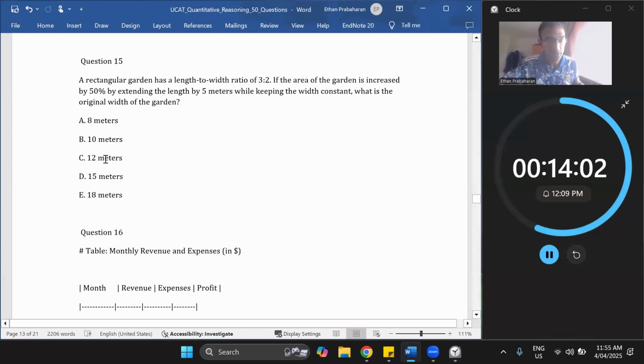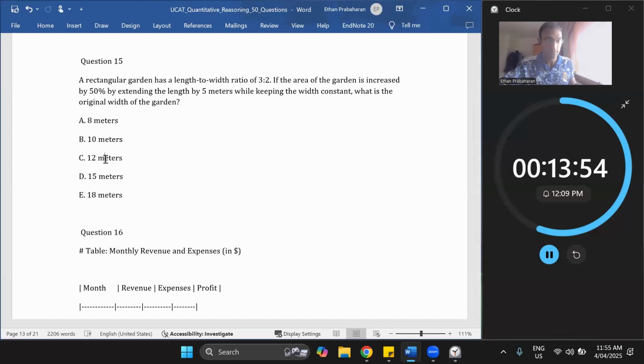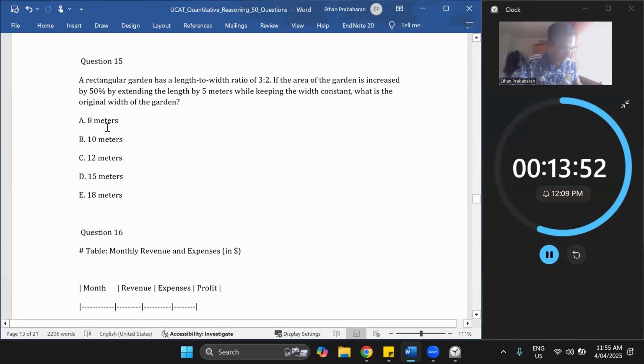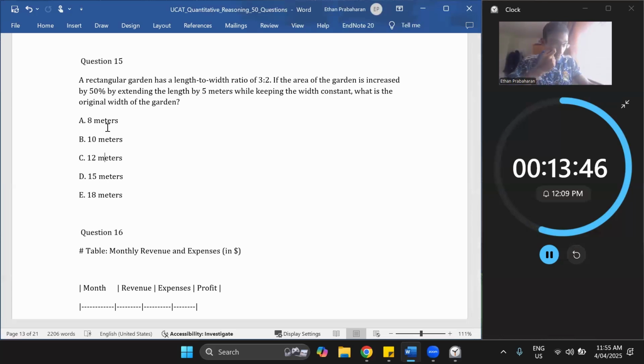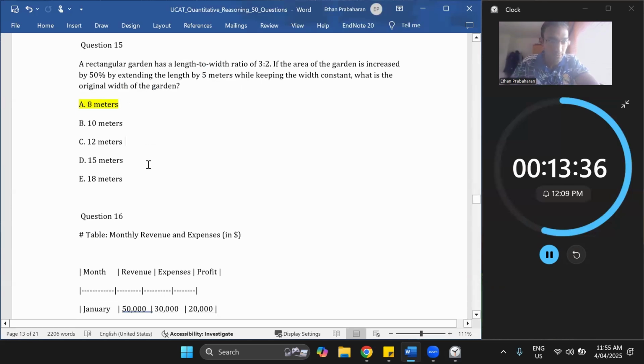All right, so if the width was 12, length to width is 3 to 2, so then that would be 18 as the length. If you increase that by 5, that's definitely wrong. If the width was 8, then the length was 12. And if you increase that by 5, that's still not going to increase the whole area by 50%, is it? Again, I think error with the question, A is going to be the closest one to the answer.